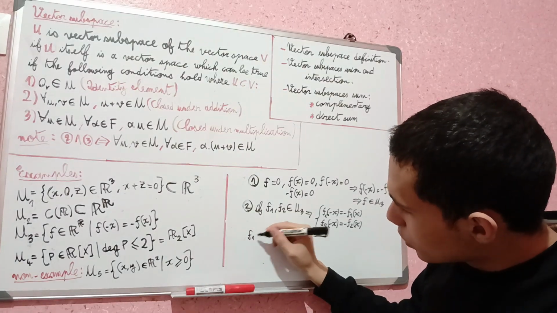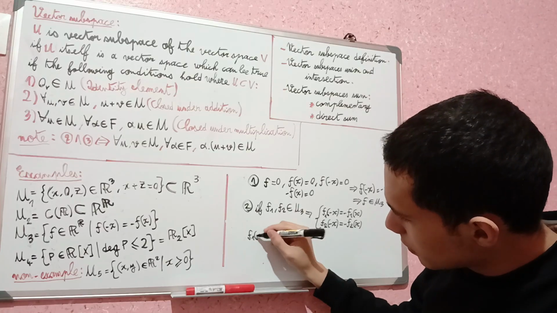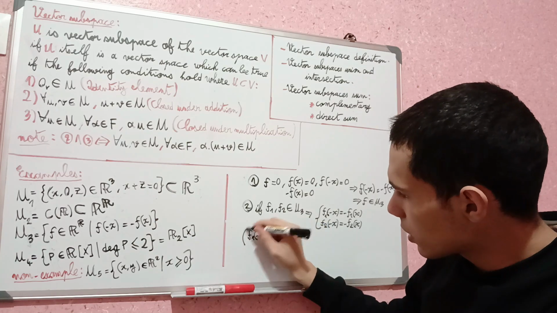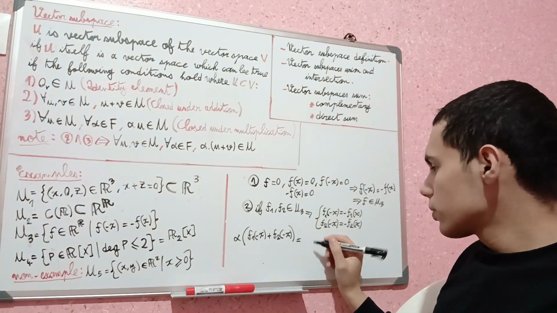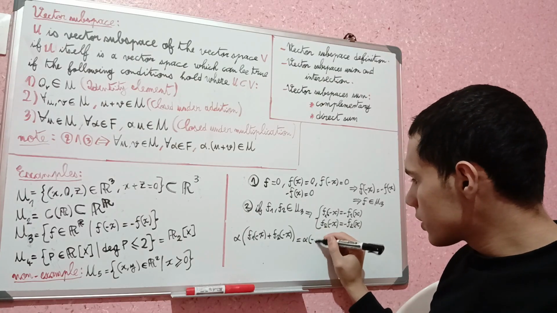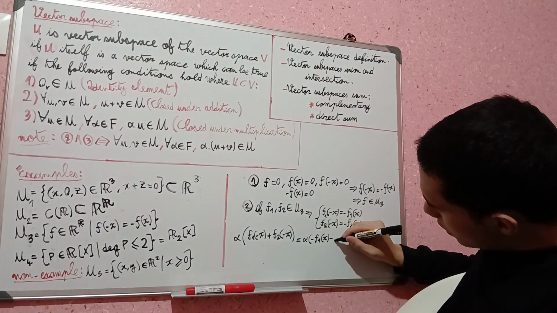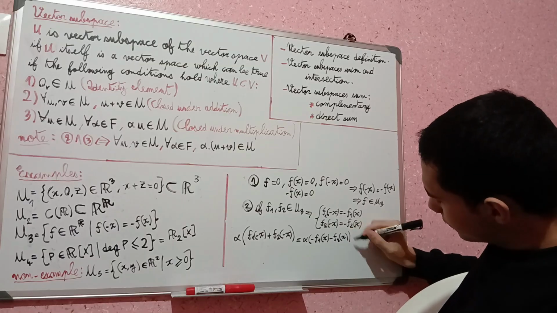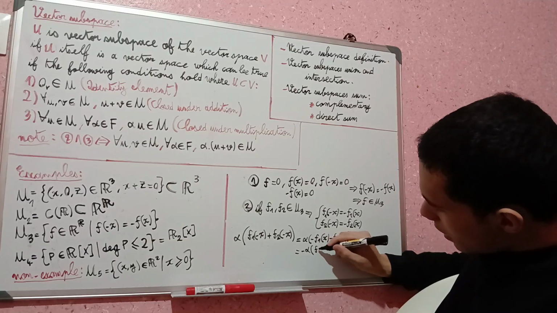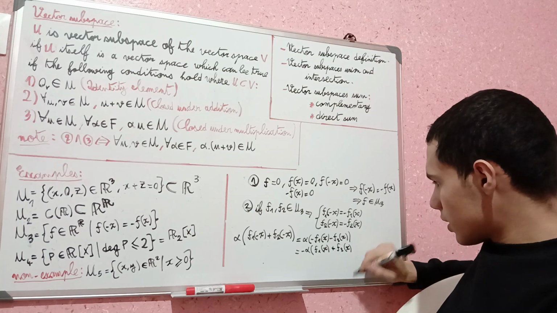So when you add them together, f1 of minus x plus f2 of minus x, and multiply by a number, it gives you alpha times minus f1 of x and minus f2 of x, which is the same as minus alpha times f1 of x plus f2 of x.